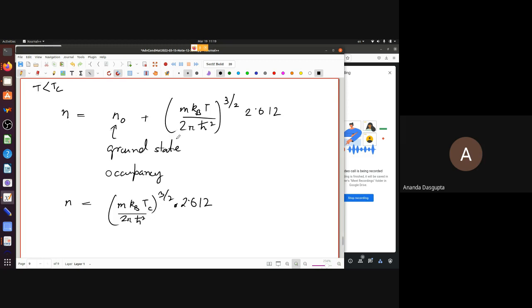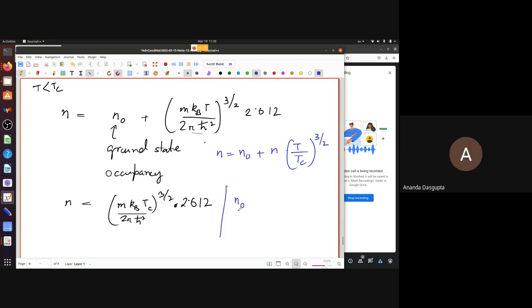Now, can you just see that this easily changes our expression here? And if we were to rewrite this, this would simply be n into T by Tc. Right? Because this bunch of constants that you have, that's actually exactly equal to this, except that T has replaced Tc. Okay?